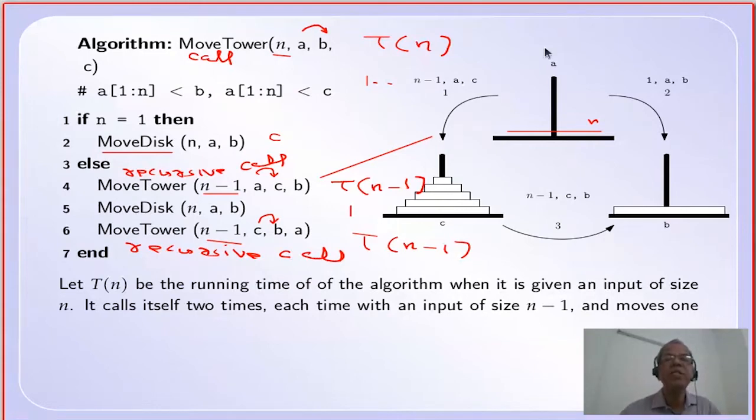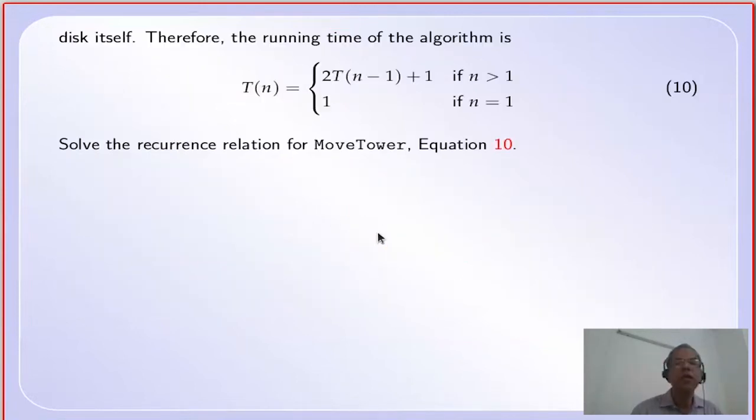And therefore, t of n is equal to t of n minus 1 plus 1 plus t of n minus 1, which is equal to 2 times t of n minus 1 plus 1 if n is larger than 1. And the base case, if n is equal to 1, t of n is equal to 1. This is the recurrence relation for Tower of Hanoi problem. And we want to solve it.